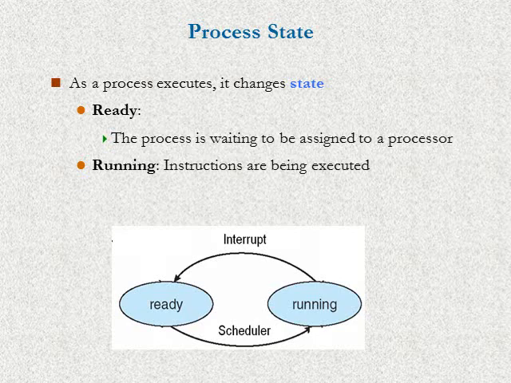So you can have this analogy that if you visit some physician, some doctor, and you are there in their waiting lounge. So the doctor is the processor, and the patient that is in his room is a process.